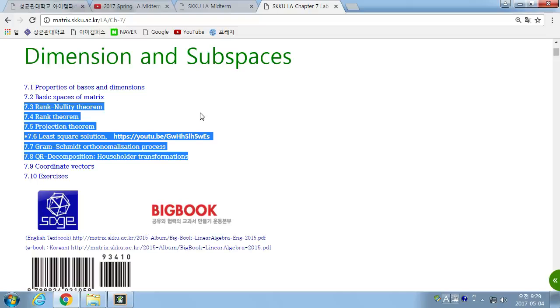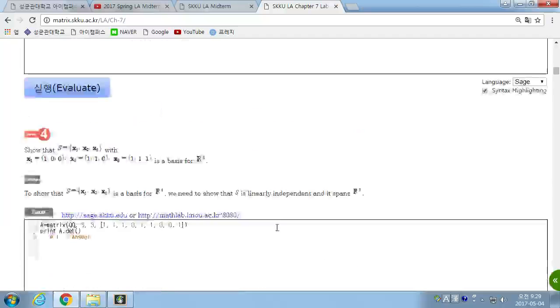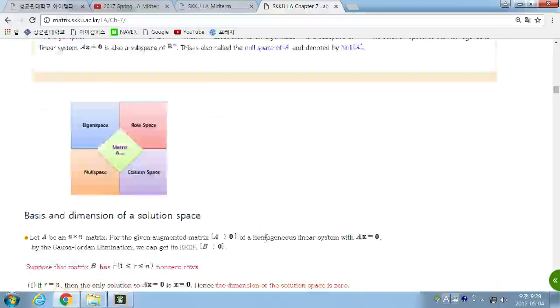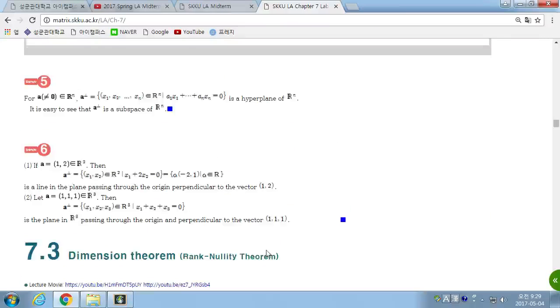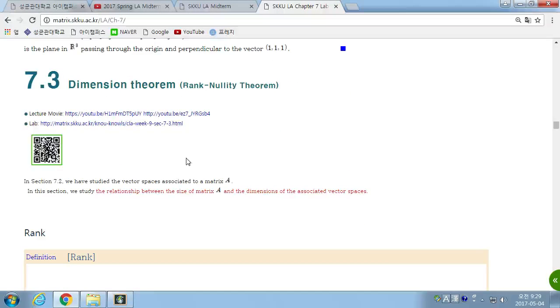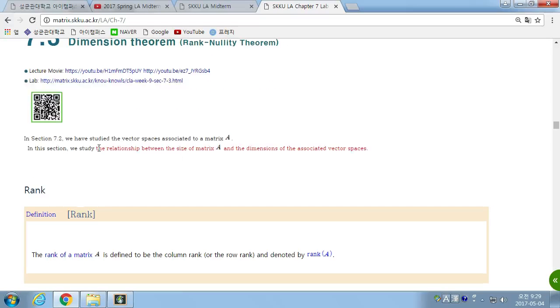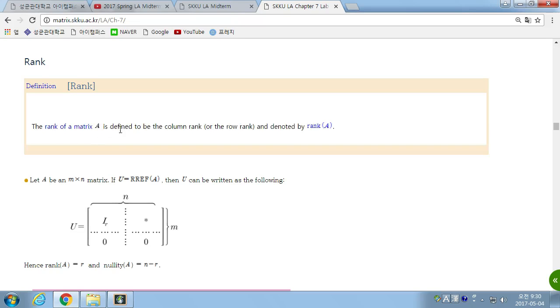So now we start from section 7.3, rank nullity theorem. Okay, in this we start with the definition of rank. The rank of matrix A is defined to be the column rank or row rank, because they are equal.